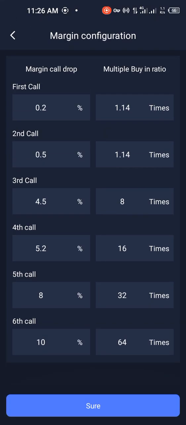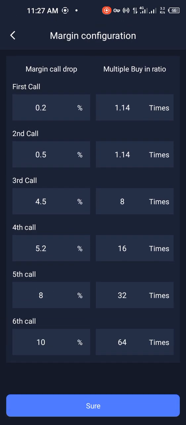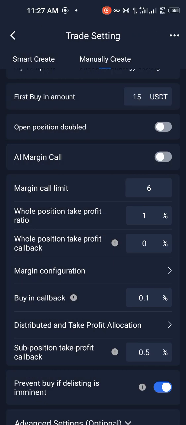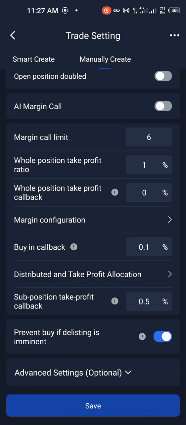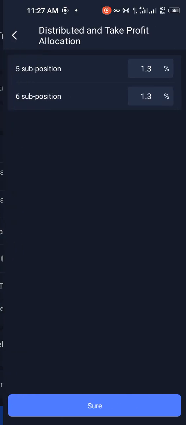So if you had this and the bot has bought the 1st call, the 2nd call, the 3rd call, the 4th call, the 5th call, and perhaps the 6th call, and it's at this 6th call, now the bot, remember, at the 6th call, it has its own sole setting, that is its own distribution take profit allocation, that is here.